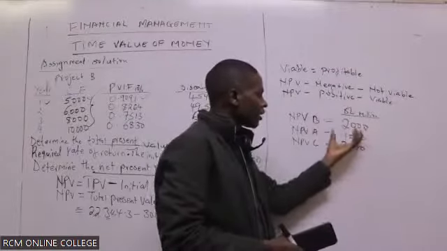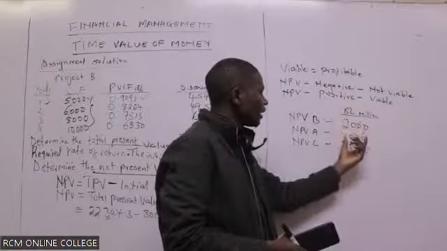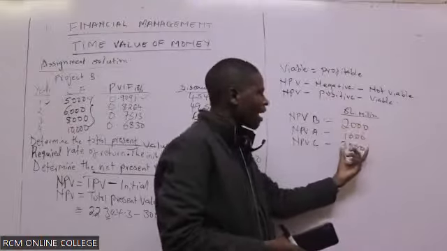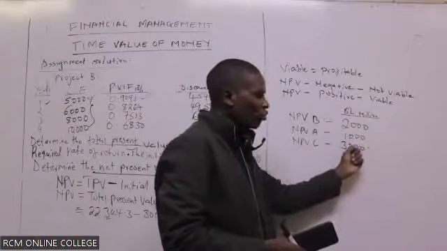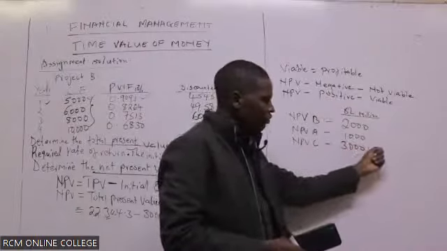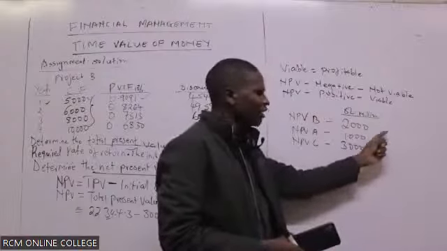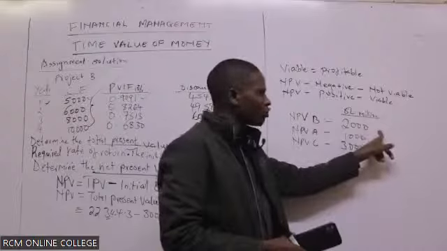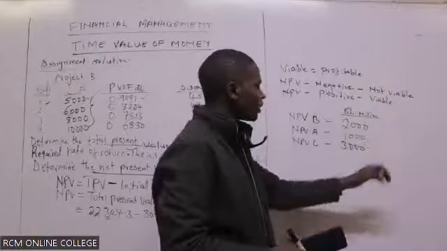It is the same for project B and A, they will give you profit, but not as high as project C. So once you are through investing in project C, if you still have money, you can proceed and invest in project B, and lastly, project A.